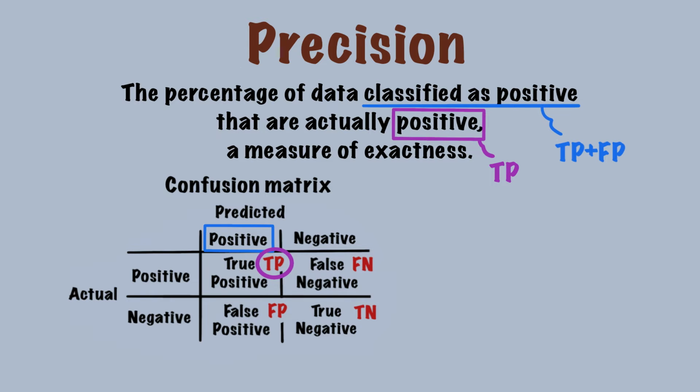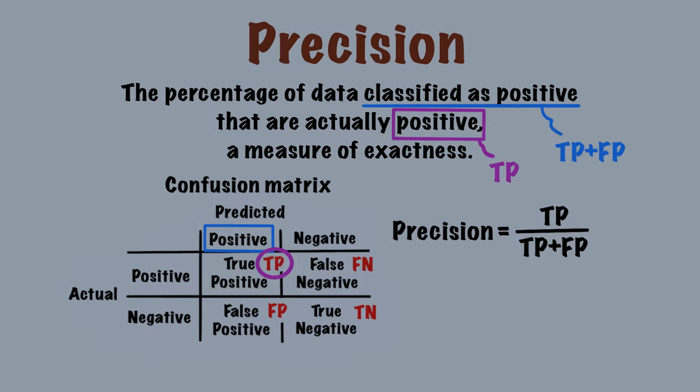Next, we want to find the actual positive data out of the predicted positive data. In other words, in this specific column, which position is the actual positive? Obviously, it's TP, true positive. Thus, the formula for precision is TP divided by TP plus FP.